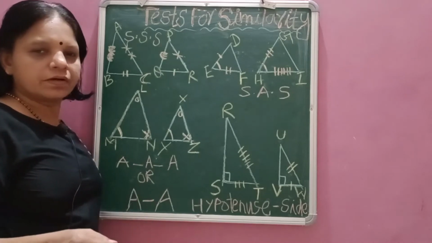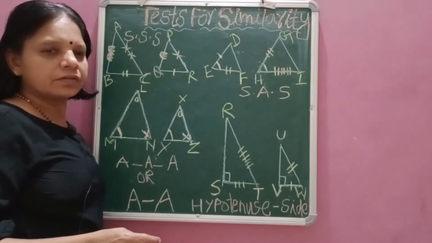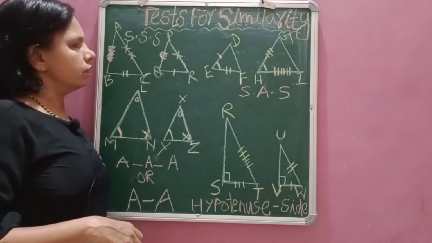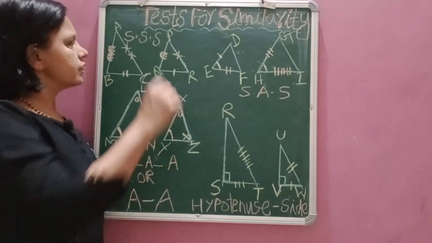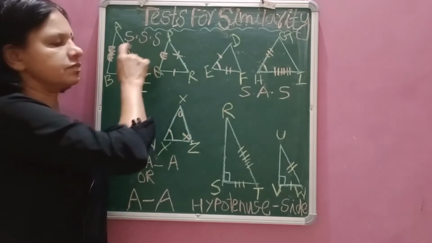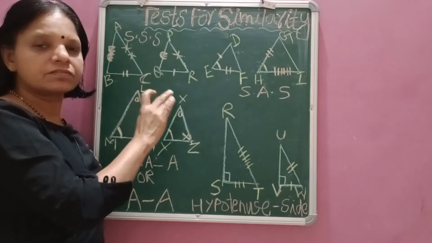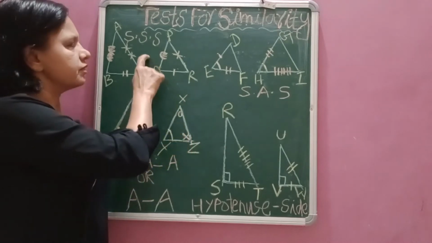Only that is given. So from this we can say that triangle ABC is similar to triangle PQR, and the test is SSS. Here we tested only the 3 corresponding sides relation. So it is called SSS test.